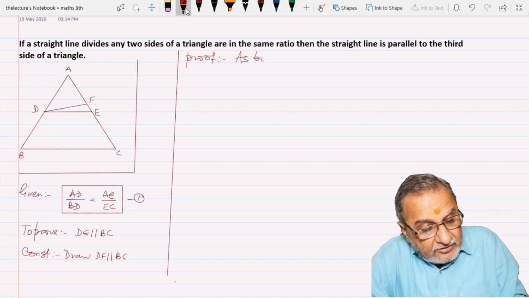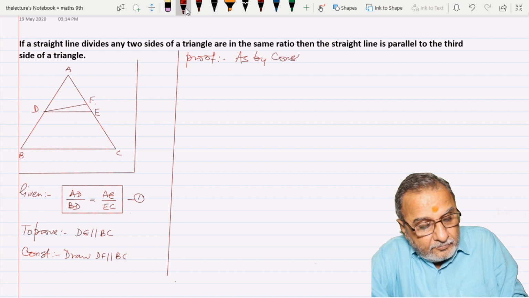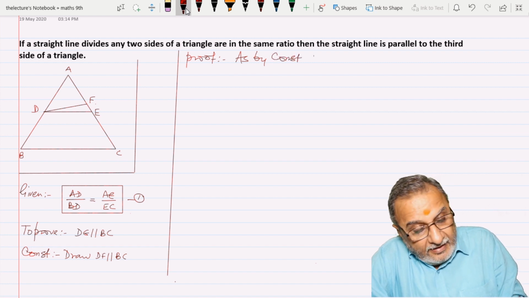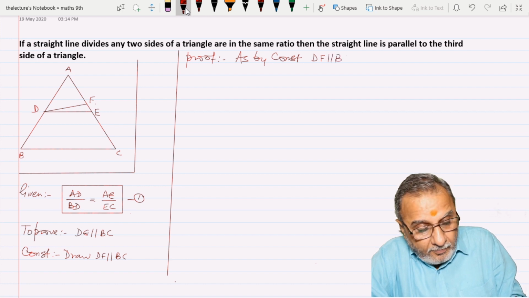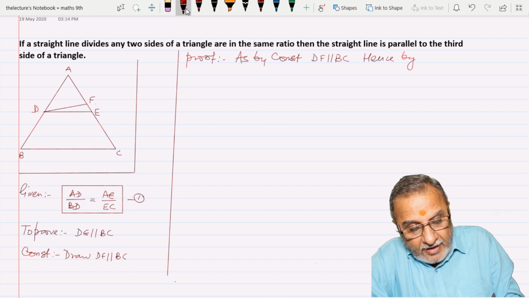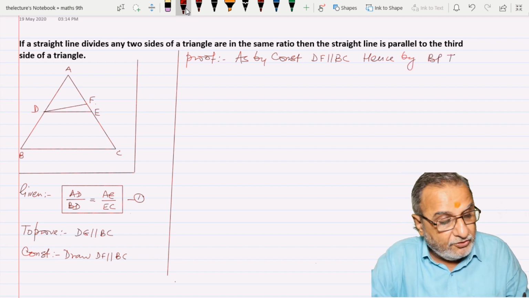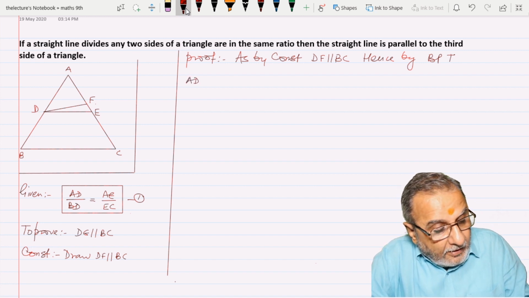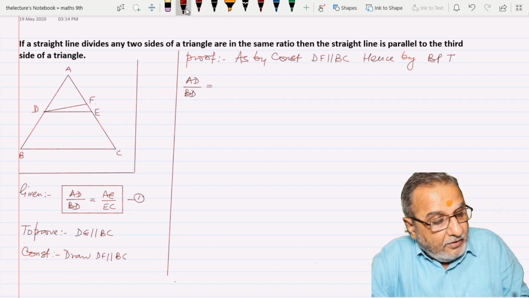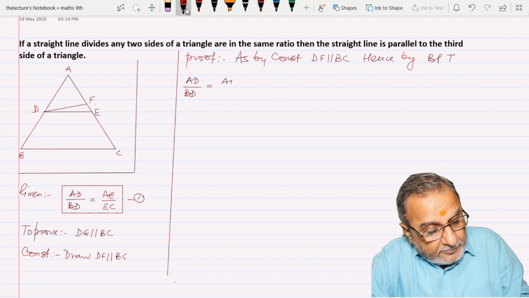as by construction DF is parallel to BC, hence by BPT or Thales theorem, the basic proportionality theorem, AD upon BD equals AF upon FC.